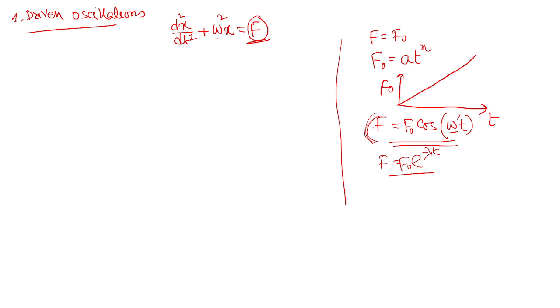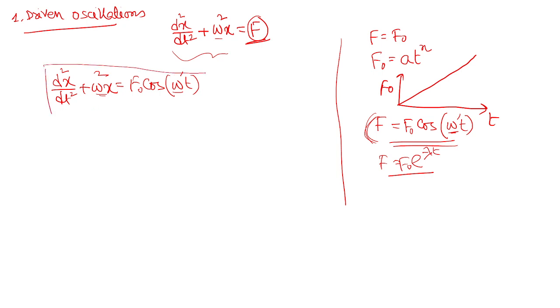What will be the case if we apply this oscillatory force to this harmonic oscillator? For that force, our equation will be f0 cosine of omega prime t. This omega prime is different from omega. For now, let us suppose that it is different. This is our second order differential equation.